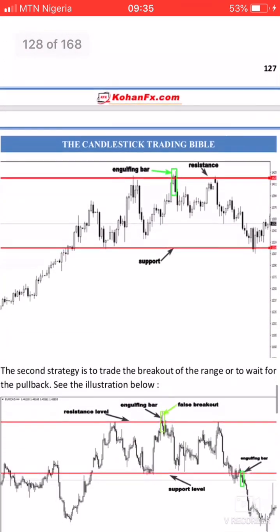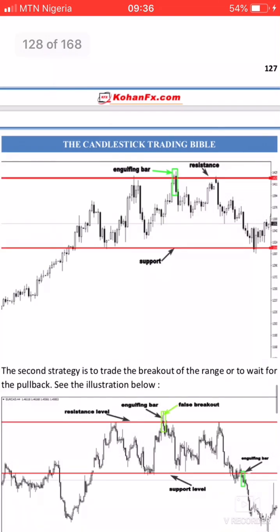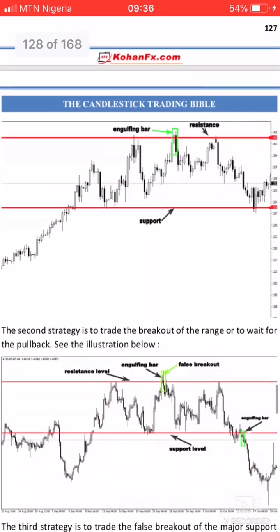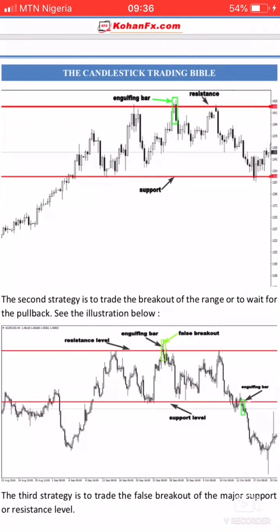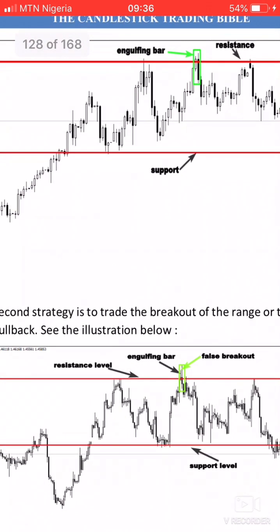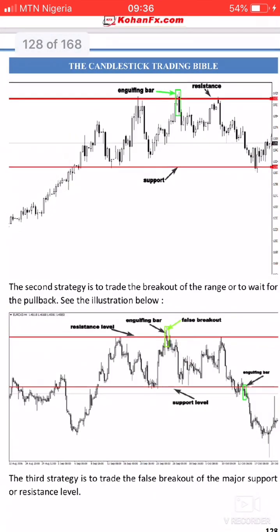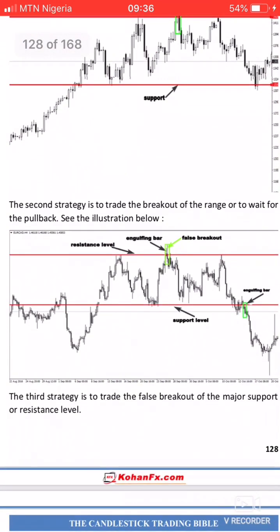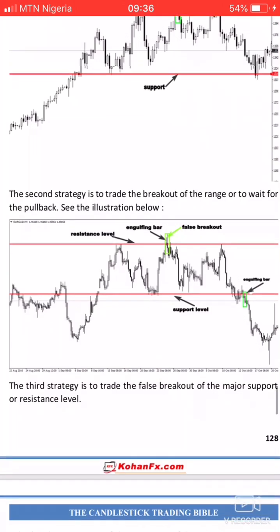The second strategy is to trade the breakout of the range or to wait for the pullback. See the illustration below. The third strategy is to trade the false breakout of the major support or resistance level.